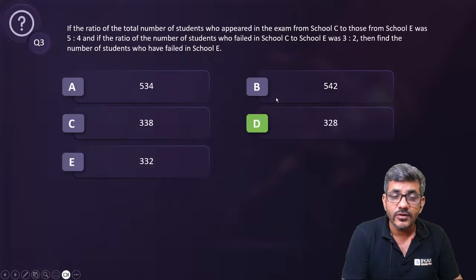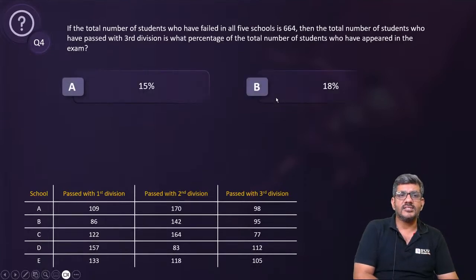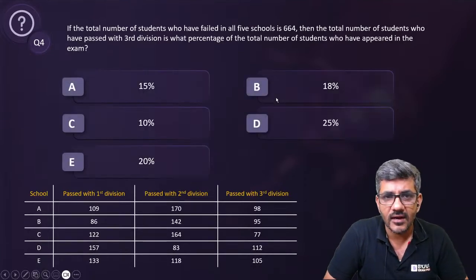That is question number 4 from the same data set. Here is the question. Let's see how do you answer and how fast you answer.